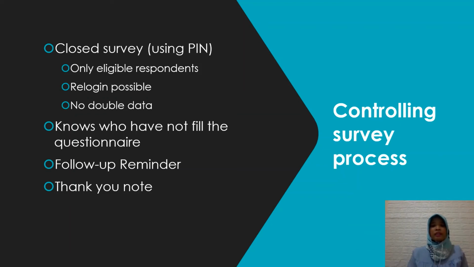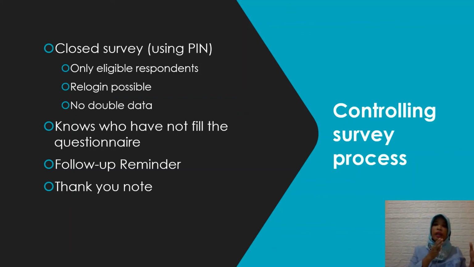And this is the way to control the survey process. You might want to do a closed survey because you don't want your survey to be out in the open and then lose potential participants. So you can use PINs, so only eligible respondents can access.